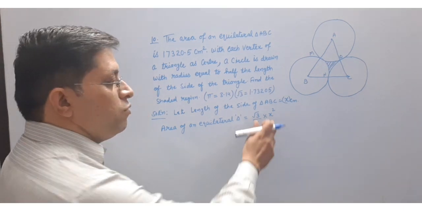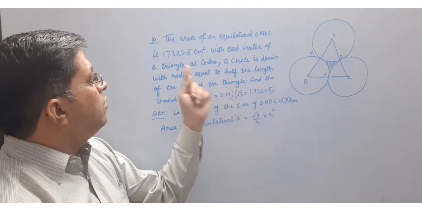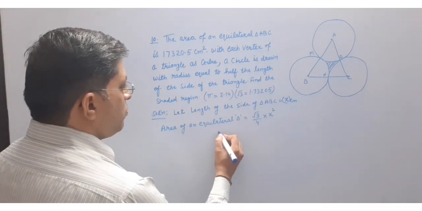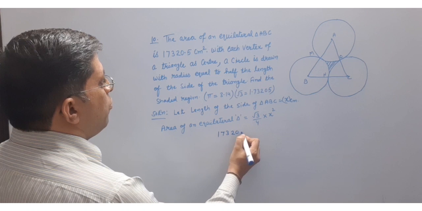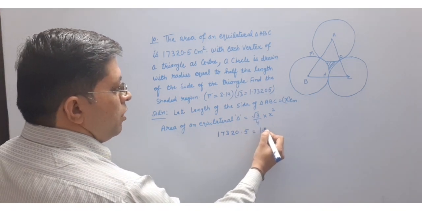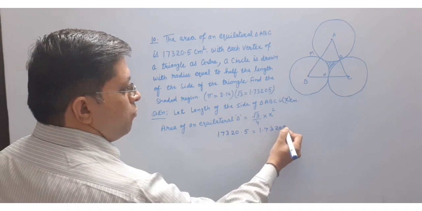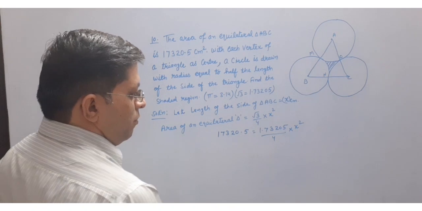What area is given to you? 17320.5. What is the value of root 3? 1.73205 upon 4 into x square.